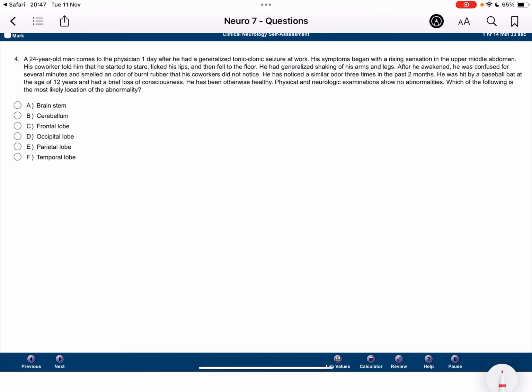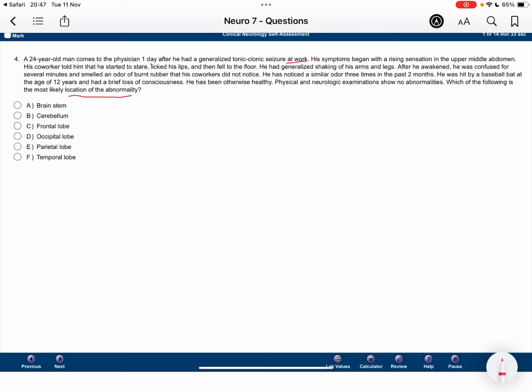The examiner wants to know which of the following is the most likely location of the abnormality. He's talking about a 24-year-old man who comes to the physician one day after he had a generalized tonic-clonic seizure at work. His symptoms began with a rising sensation in the upper middle abdomen.